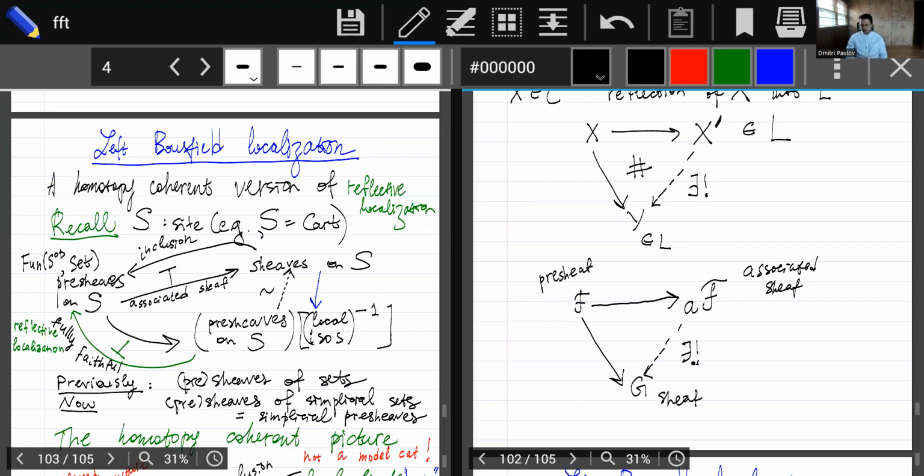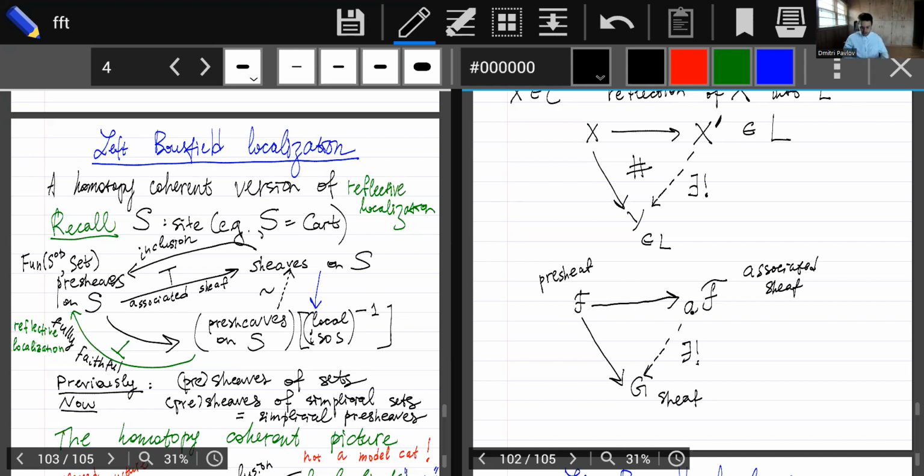And the reasoning here is very simple. Any section of the associated sheaf is given by gluing a compatible family in F, or more precisely, a compatible hyperfamily.